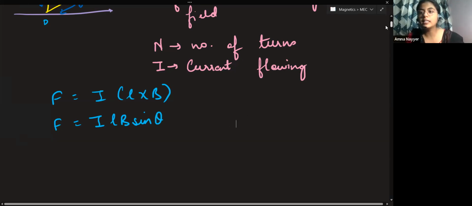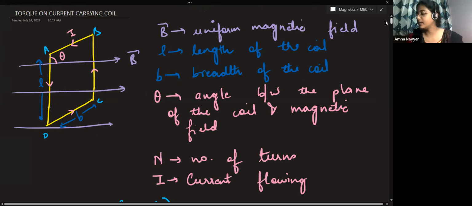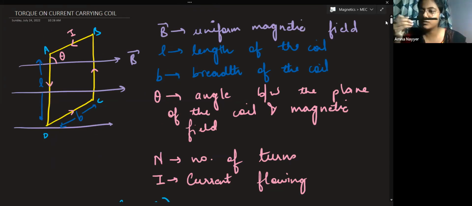Now the angle in this case: the magnetic field is towards the right, and the coil has been kept like this. Can anyone tell me in which plane the coil is kept? Anyone from the class?